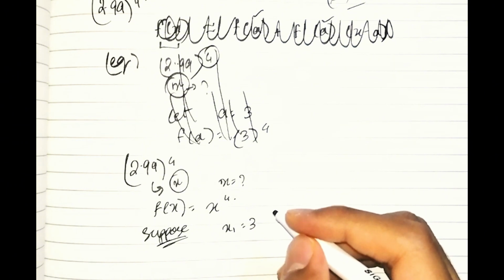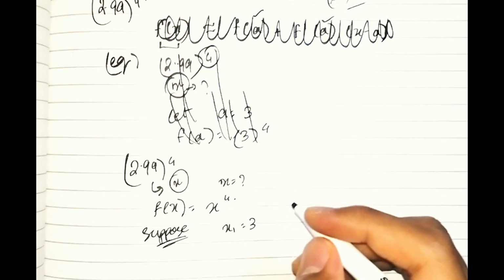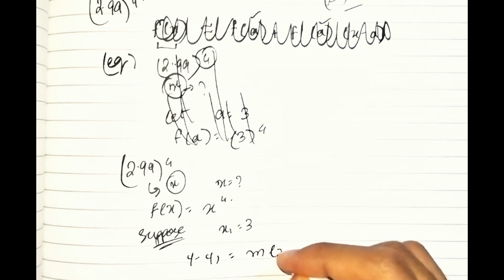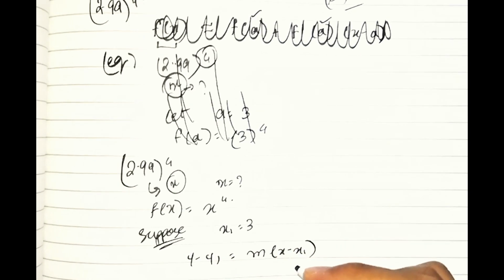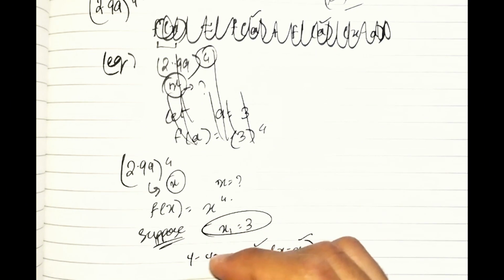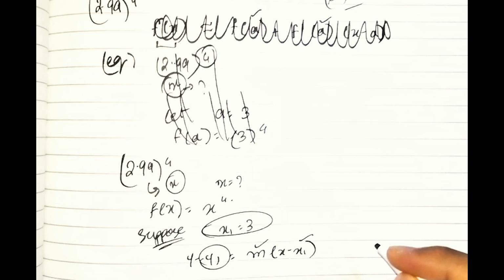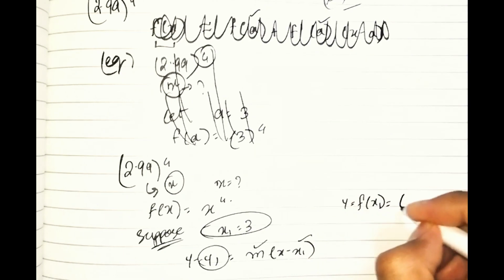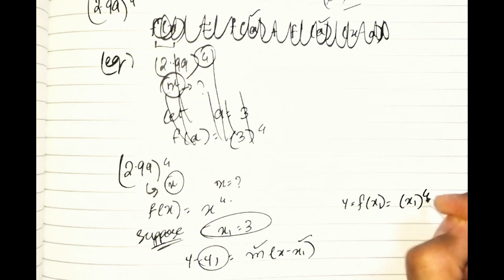If you remember, we have the point slope form. So point slope form actually says y minus y1 is m times x minus x1. So m is basically the slope, x1 is x1 right over here, and y1 is the value of the function at x1. So y1 is basically f of x1, which will be x1 power 4.